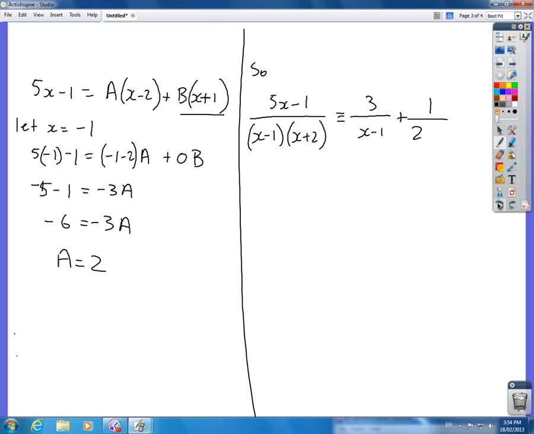A equals 2, my mistake. So 2 on x + 1 plus 3 on x - 2. So I've separated that big fraction into the sum of two partial fractions.